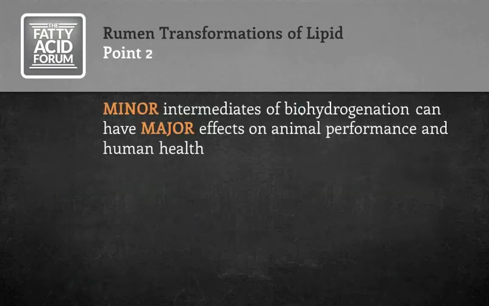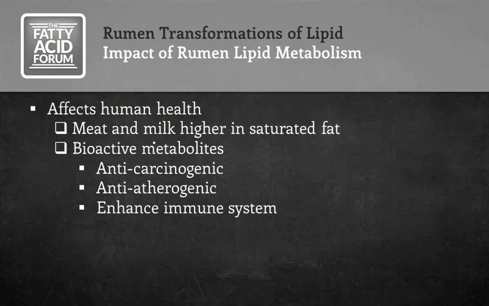Now, the second point that I wanted to mention was, for the longest time, I thought these intermediates of biohydrogenation were too small to be of any consequence. We know that's not true anymore. These minor CLA intermediates of biohydrogenation can have very major effects on animal performance and human health.